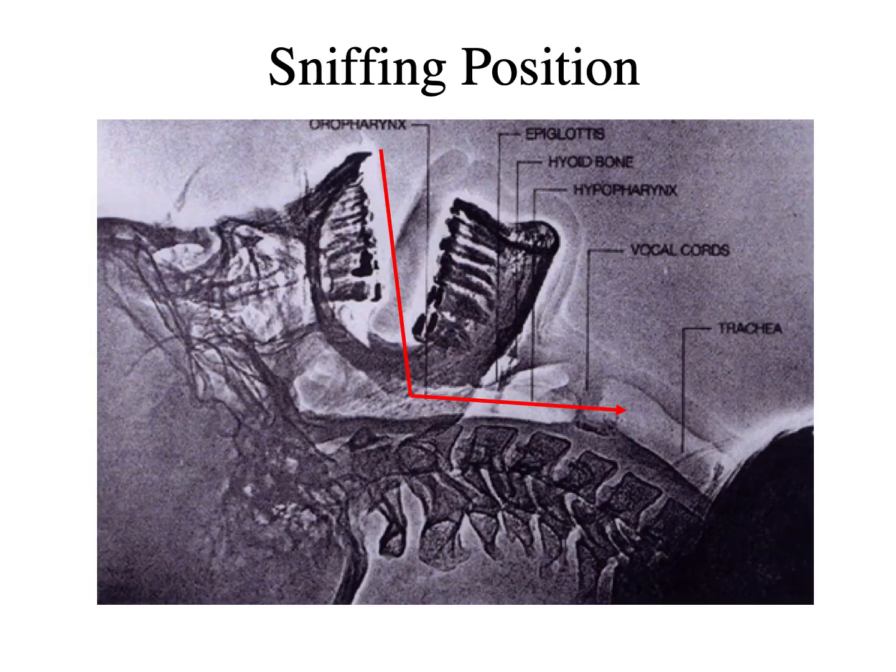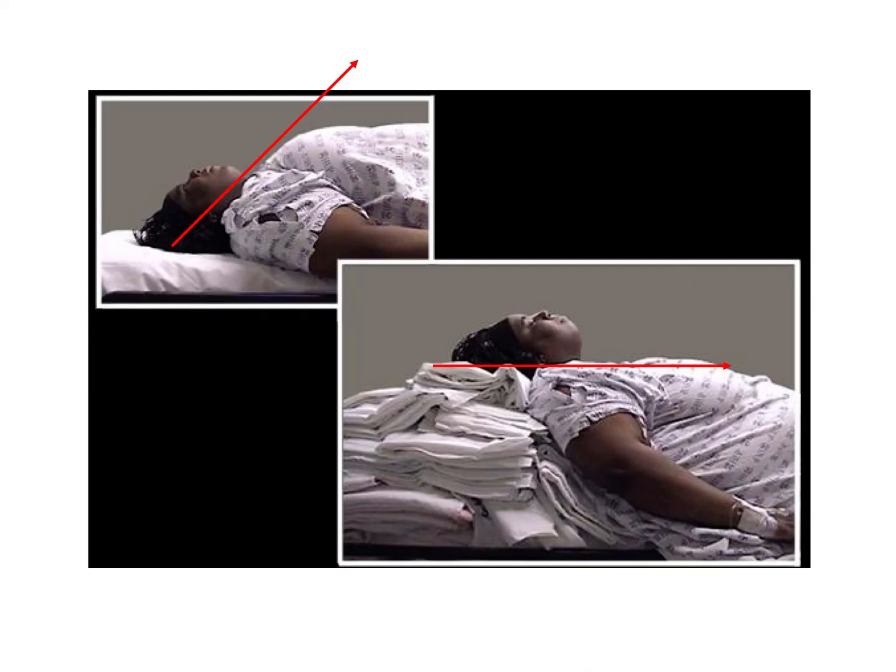There's the sniffing position for you. That is the most optimal way that we want that airway to be in. That is a beautiful open airway. This lady here, you can see all the pillows it took to elevate her. This is, I believe, called the RISE method.